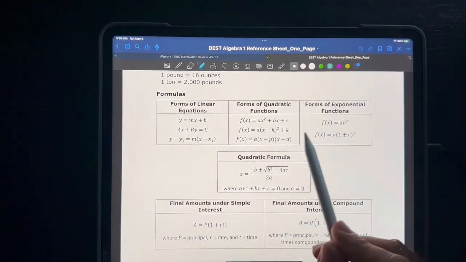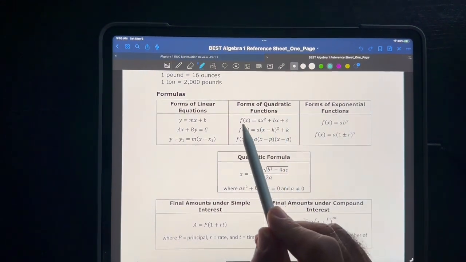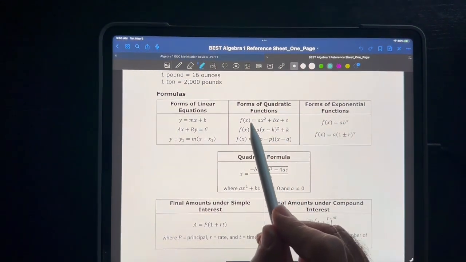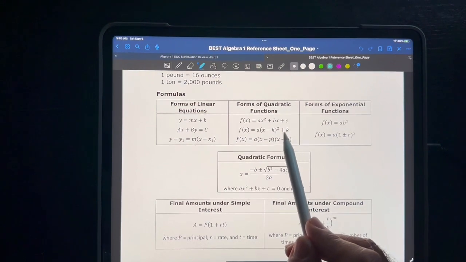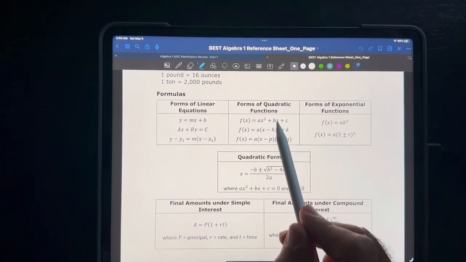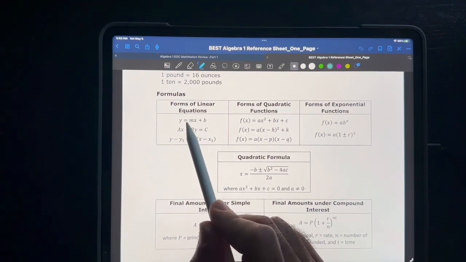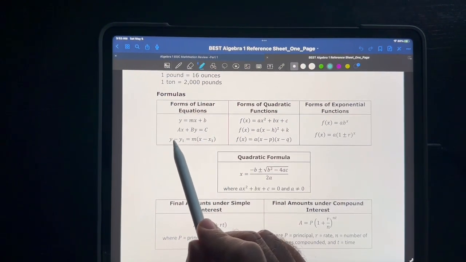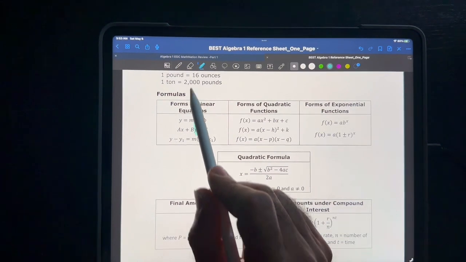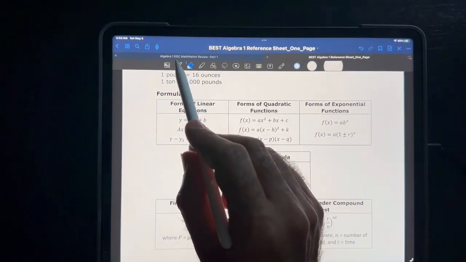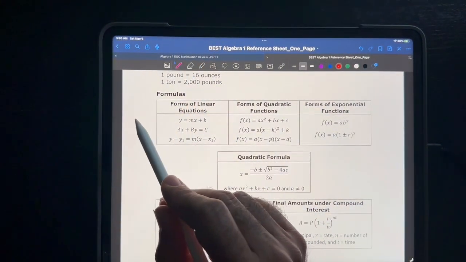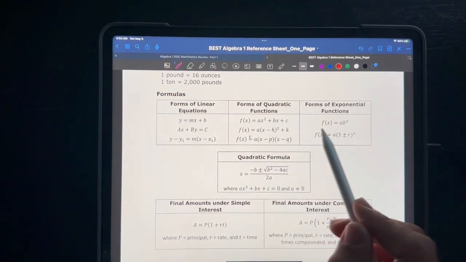Quadratics, and the thing is they don't tell you what each one is. Like this is standard form, this is vertex form, this is factored form of a quadratic. This is slope intercept, y equals mx plus b. This is standard form, this is point-slope. But they don't tell you that. We're going to have to put the names of it here, and you have to start memorizing them.